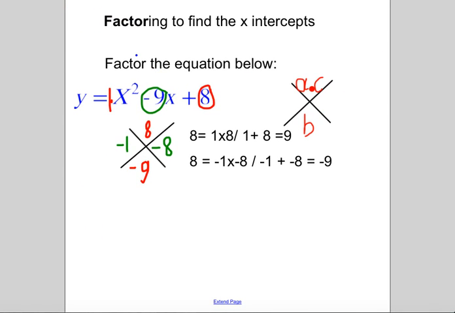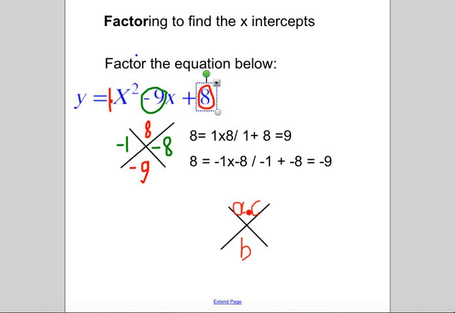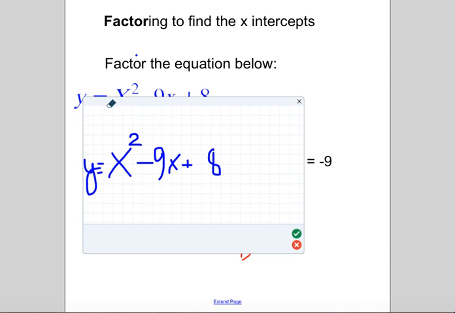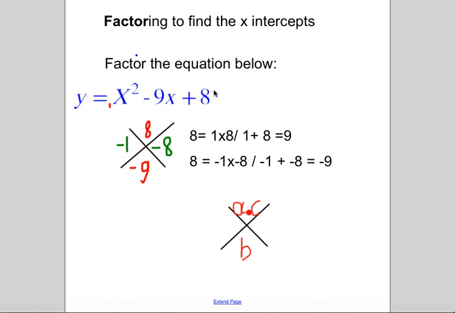Now we can write the factors in a really beautiful way. Let's do that together.